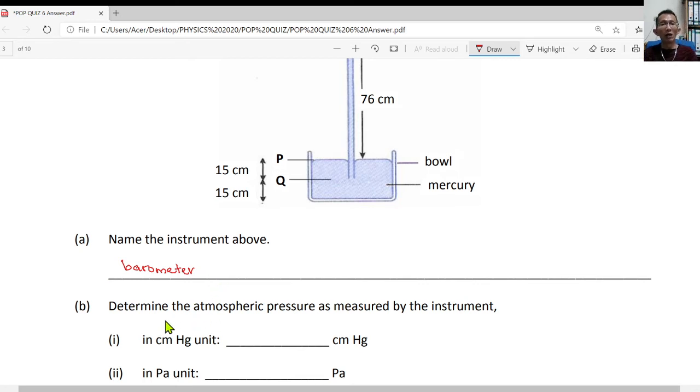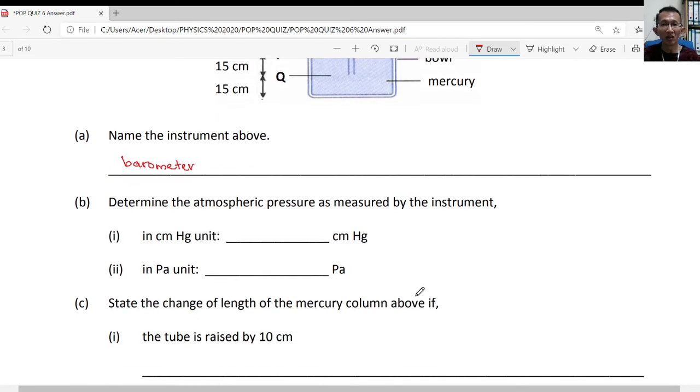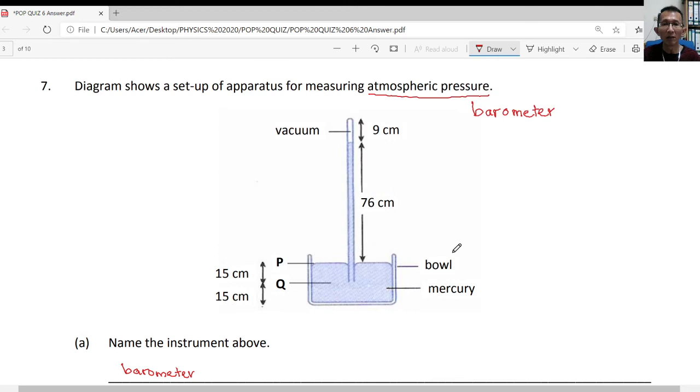Okay, next, determine the atmospheric pressure as measured by the instrument. So if I look at my diagram here, it is measuring the atmospheric pressure, and the length of this mercury column is 76 centimeter. So what is my atmospheric pressure?